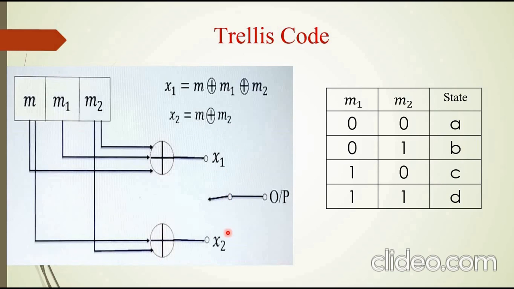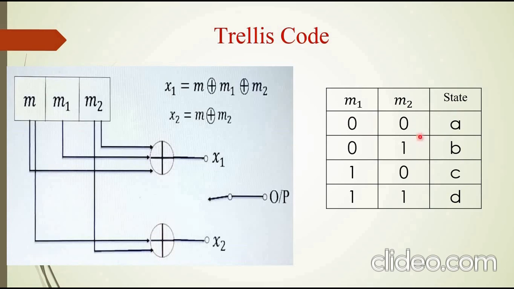Now in this session, I will explain how we can draw a code trellis and state diagram. As M1 and M2 justify the states, we have predefined states.